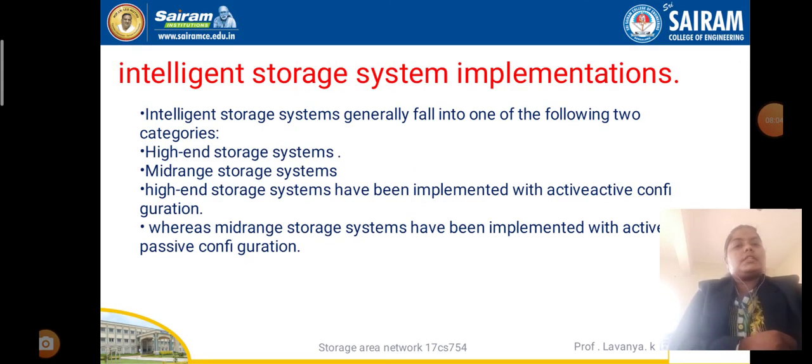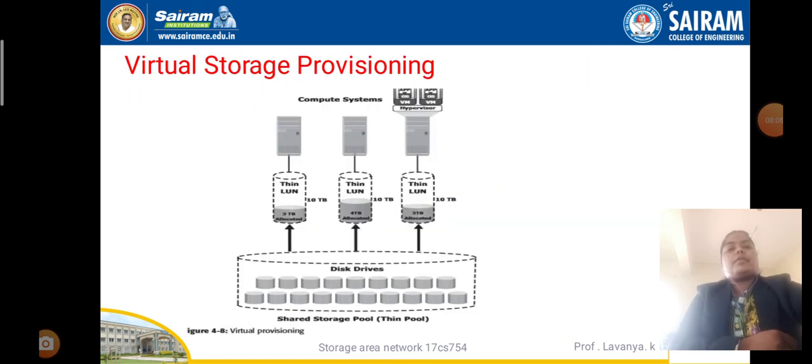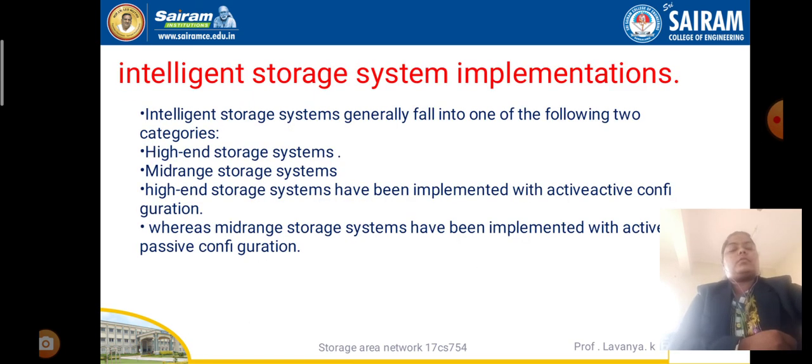The next one is, what is the intelligent storage system? Yes, this is very important. We have the intelligent storage system implementation.